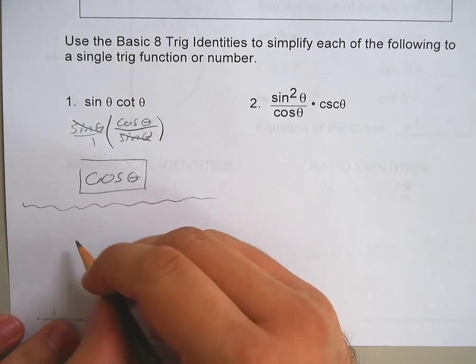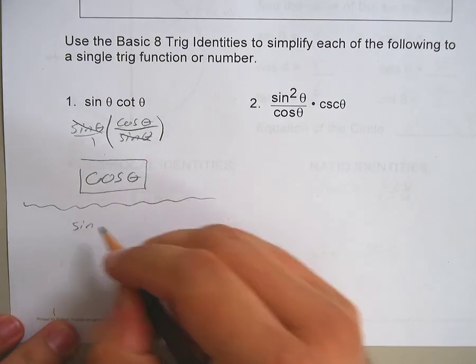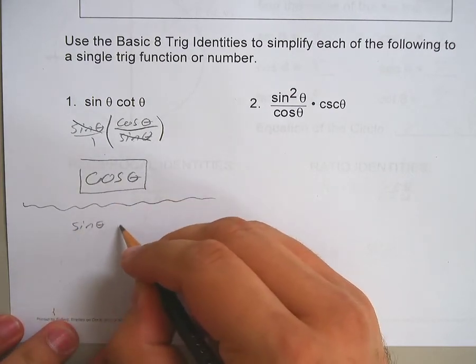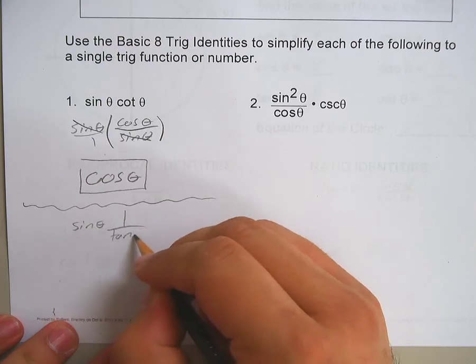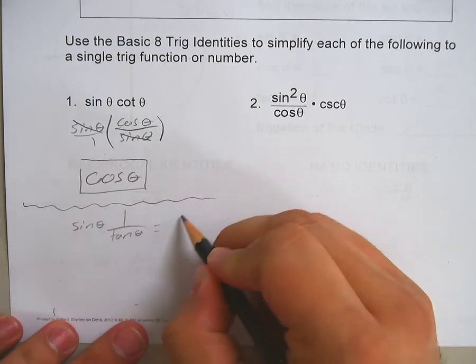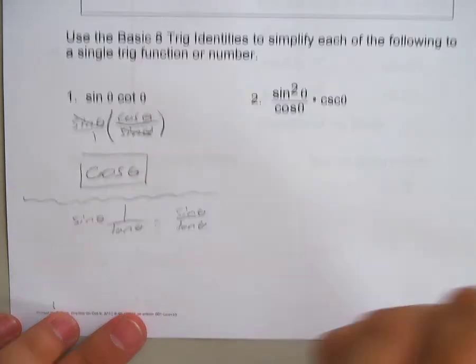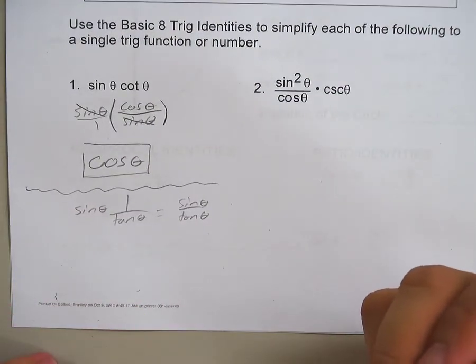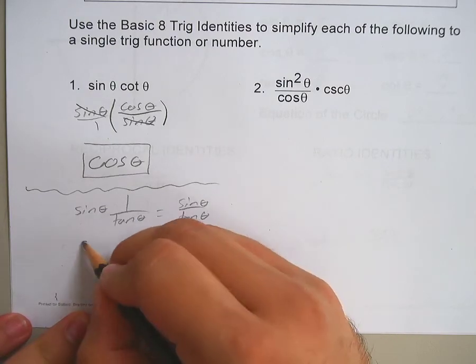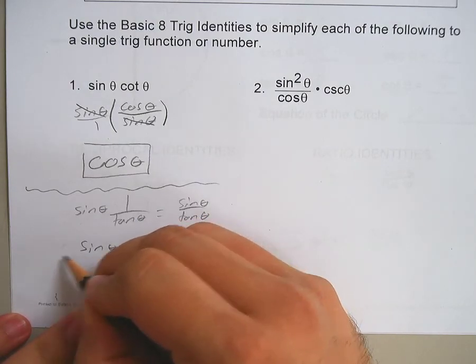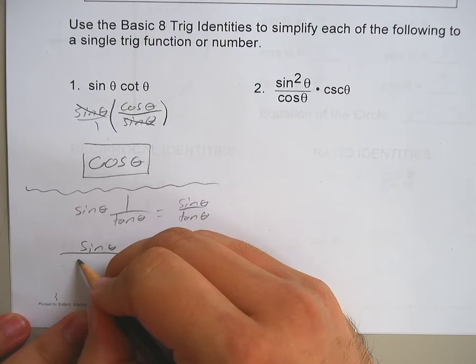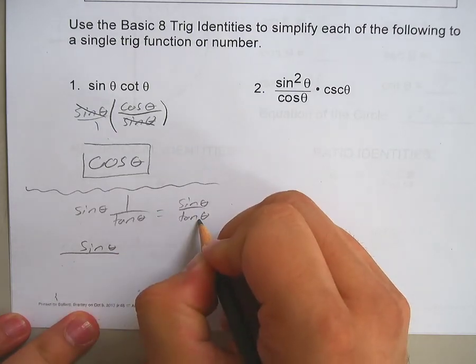If you change cotangent to 1 over tangent, it'd be sine of theta times 1 over tangent theta, which is sine theta over tangent theta. But that didn't simplify anything very much. So I'd change that to sine theta over, tangent is sine over cosine.